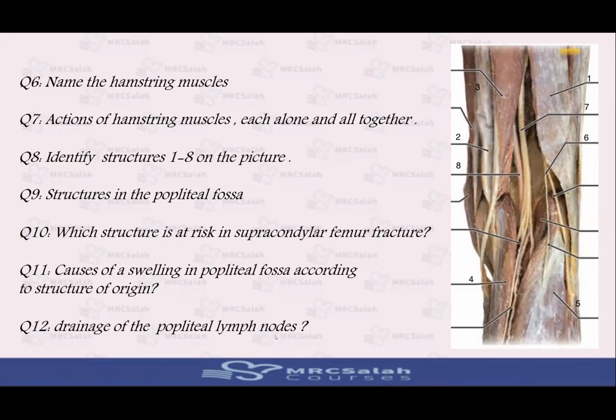Drainage of the popliteal lymph nodes: essentially, they all drain into the inguinal lymph nodes. We have the efferent and the afferent lymph nodes. The efferent drain the superficial part of the lower limb, and the afferent drain the deeper part.